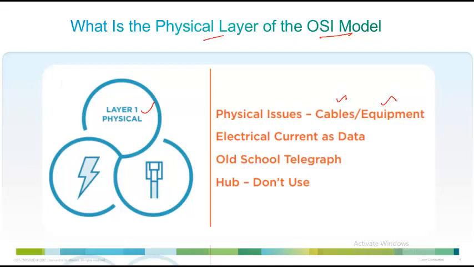So the laptop can now connect to that router so that we can send the packet out of this laptop and receive the packet from the internet into the laptop.